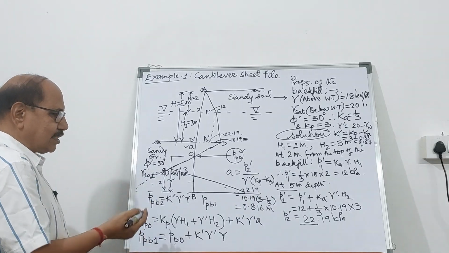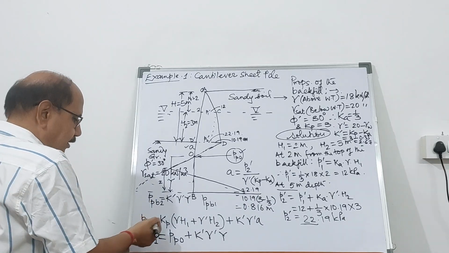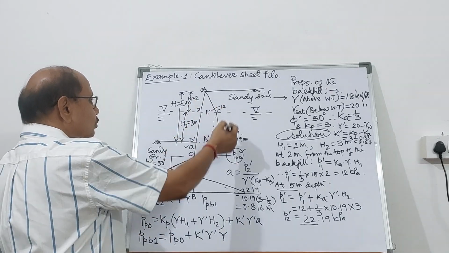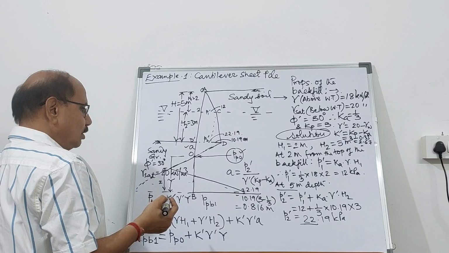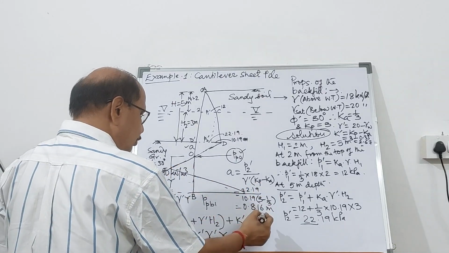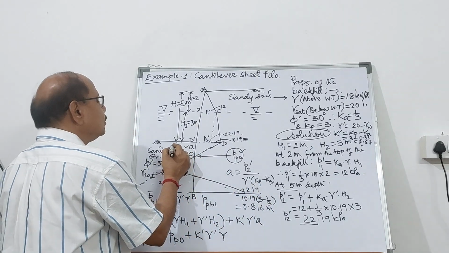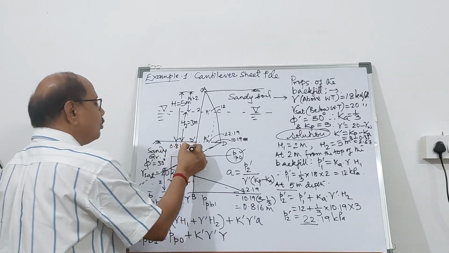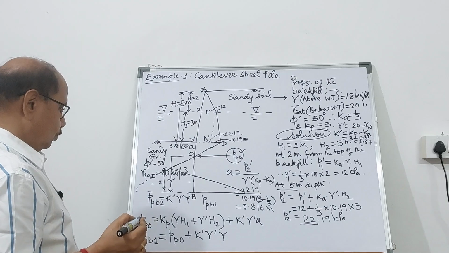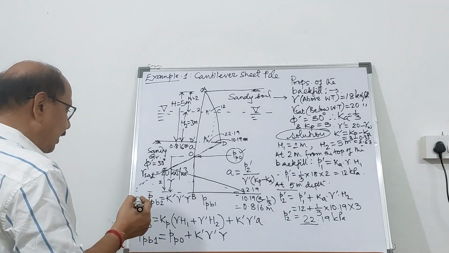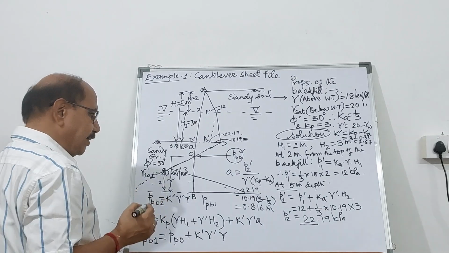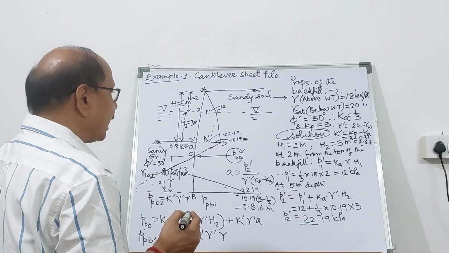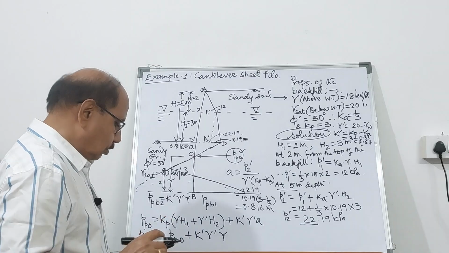It becomes quite simple. You know the expression, and the pressure distribution diagram can be drawn. The value of A you have already calculated as 0.816. Now PPB2 and PPB1 can be calculated. So let us calculate.